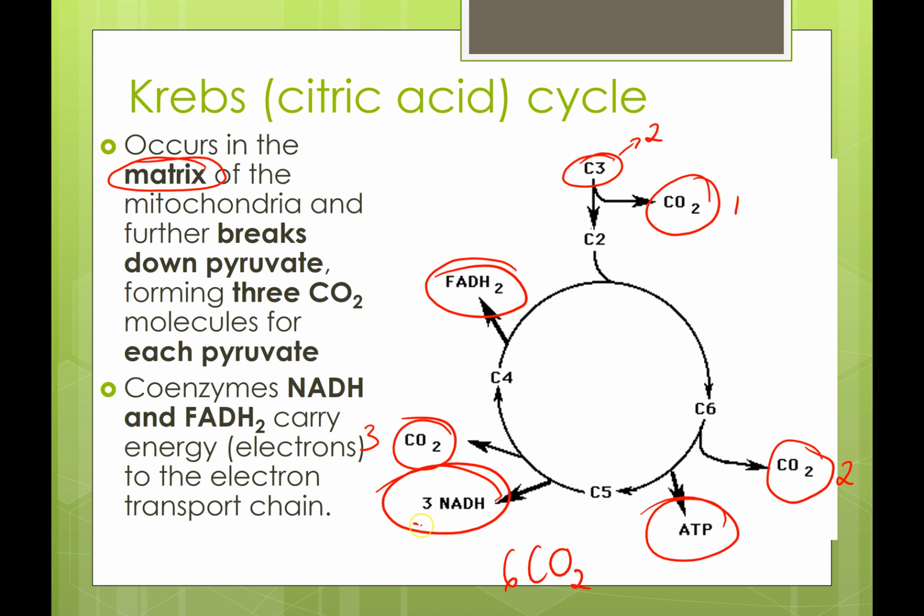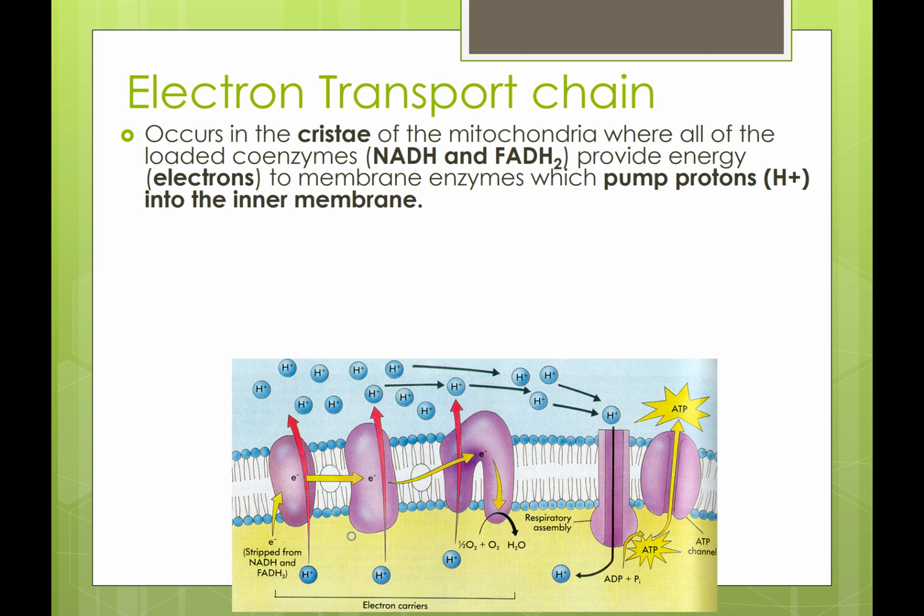These coenzymes, NADH, FADH2, they carry energy in the form of electrons to the electron transport chain. And this is really important because the electron transport chain occurs in the cristae of the mitochondria. So this is the cristae here.